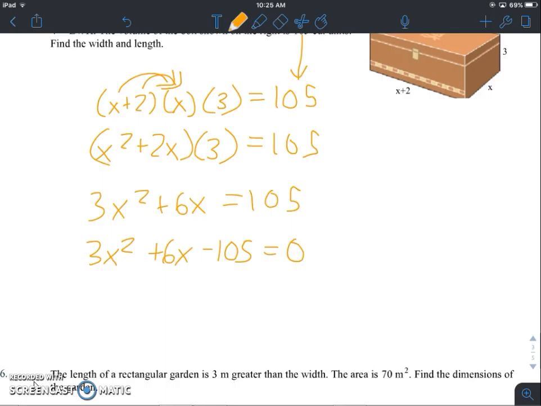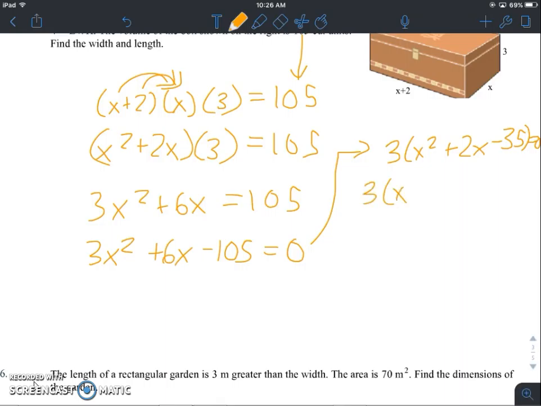GCF, hopefully it is 3, I think it's 3. It's going to be 3 times x squared plus 2x minus 35. Good. Equals 0. What multiplies to get negative 35 and adds to get 2?